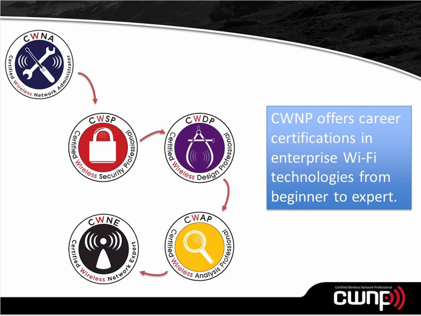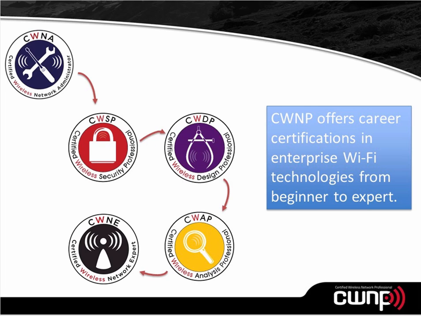It gives an overview of the primary certification track that most people go through, which is CWNA, and then the professional level, CWSP, CWDP, and CWAP, and finally CWNE. So it gives you an overview of these different certifications, what is involved in them, and what they cover and who they're good for and that kind of thing. So it's a great little 4.5 or so minute video that gives you a nice overview of the certifications.